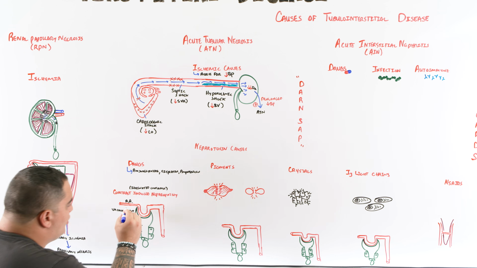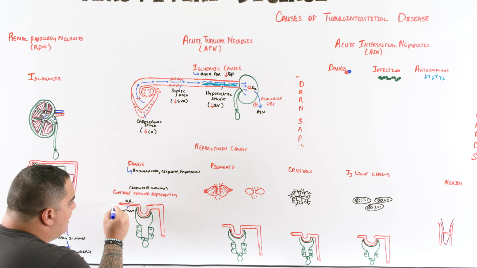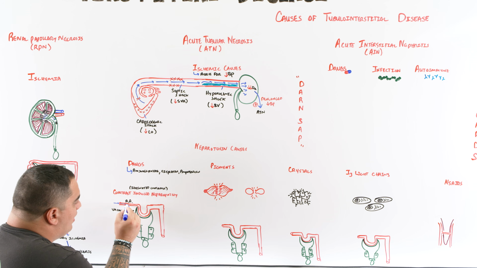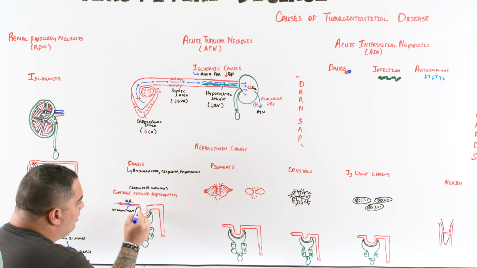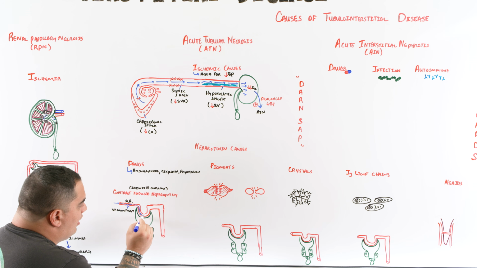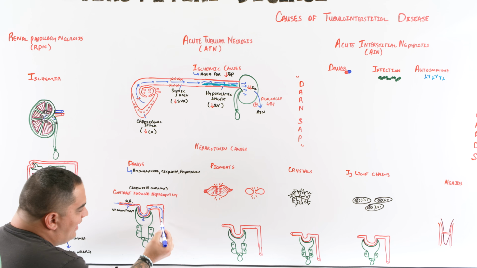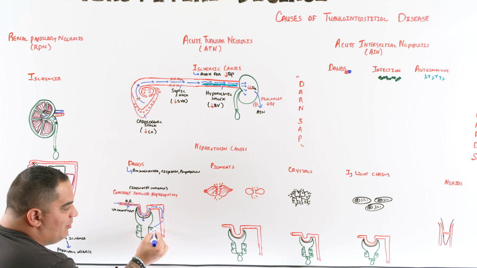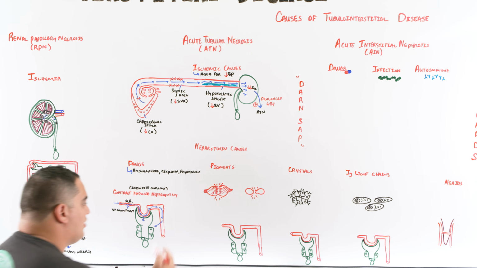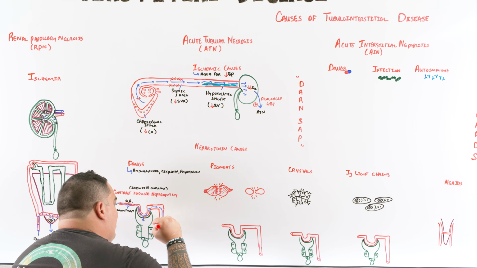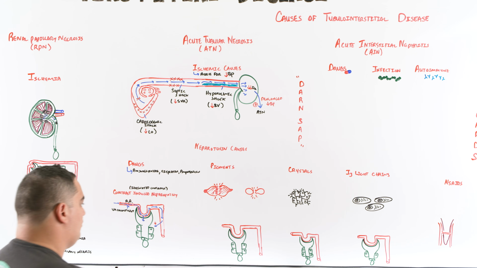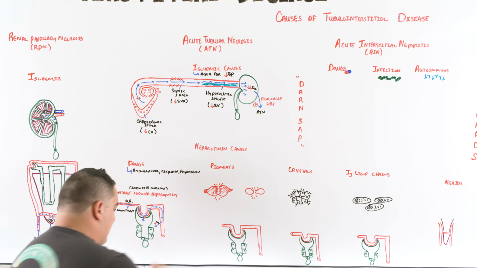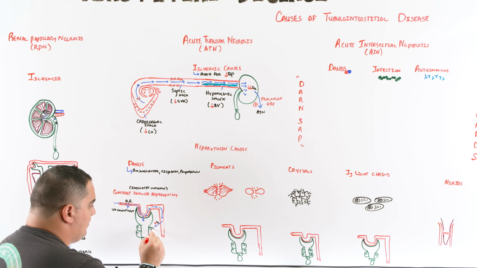If I vasoconstrict this puppy here, it's going to make it harder for blood to get into the glomerulus, and that'll reduce the filtration, but it'll also make it harder for me to give the actual blood flow to these tubular cells. And so there will be a reduction in oxygen kind of inadvertently here, all right? And that can cause some death to these cells.